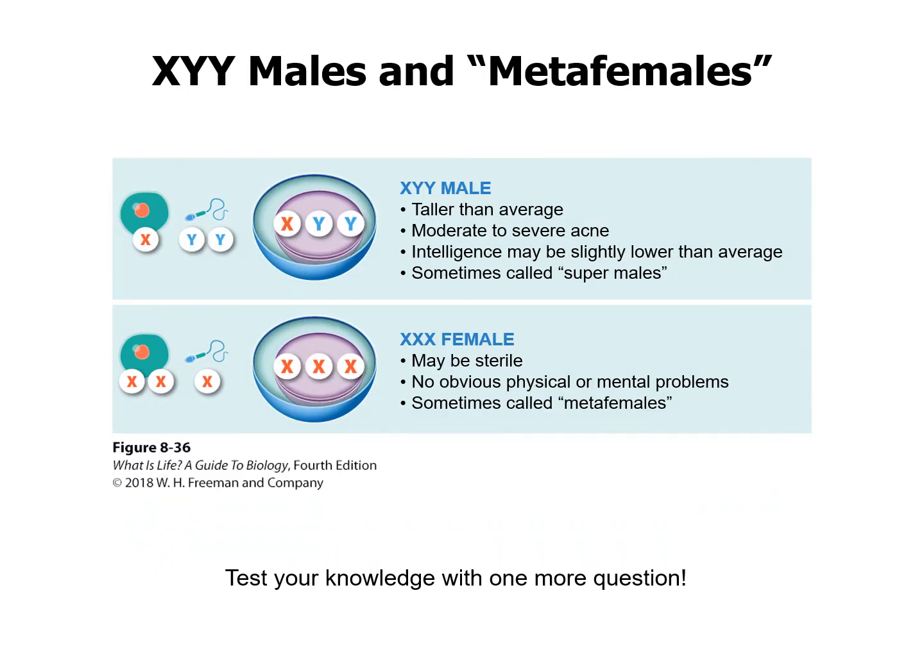The last 2 examples I have involving sex chromosomes are XYY males, which can sometimes be called super males because they have 2 Y chromosomes. They're normally taller than average, and moderate to severe acne is also a condition.